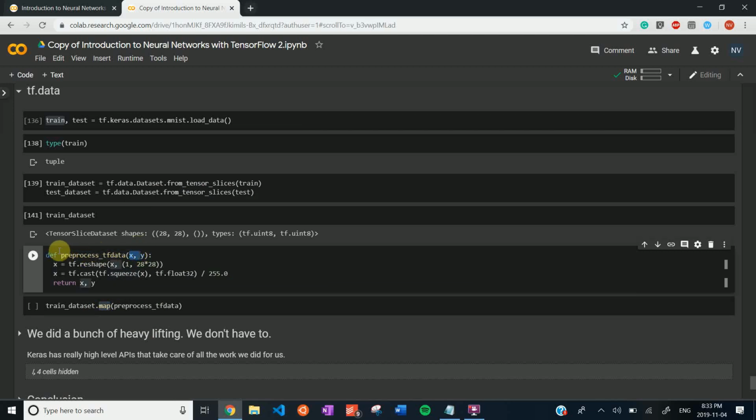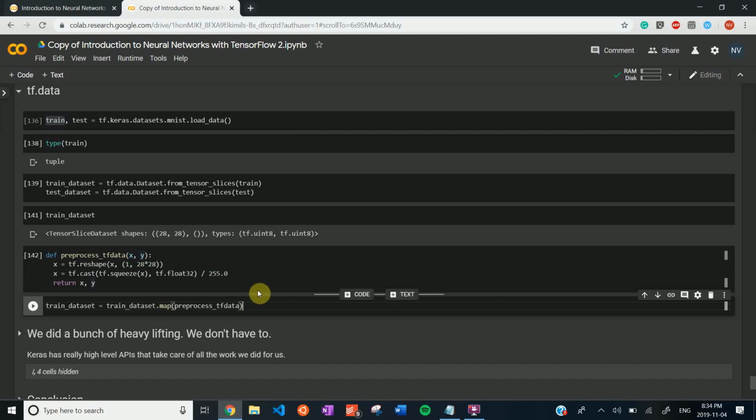In particular, we're turning x into a vector, and we're not touching y. And so this map function will essentially run this function through our entire data set. This returns a trained data set. Cool. So any questions about that before I start adding some more stuff? Essentially, we're doing the same transformations we did before, but in a TF dataset style.